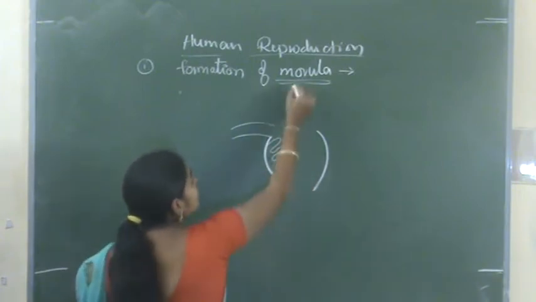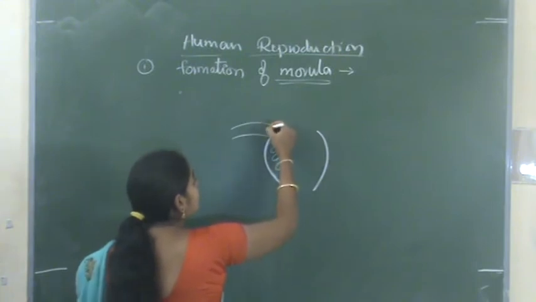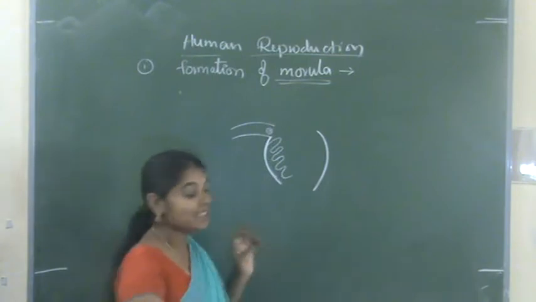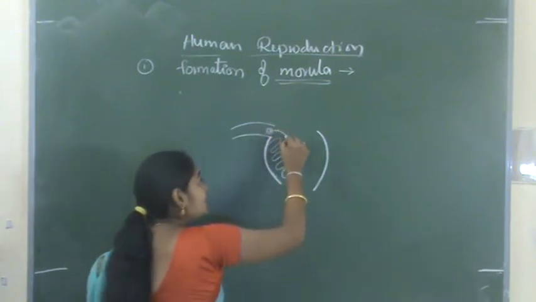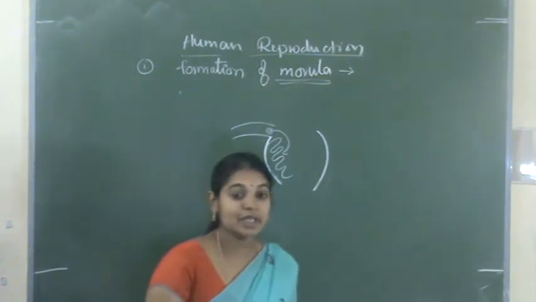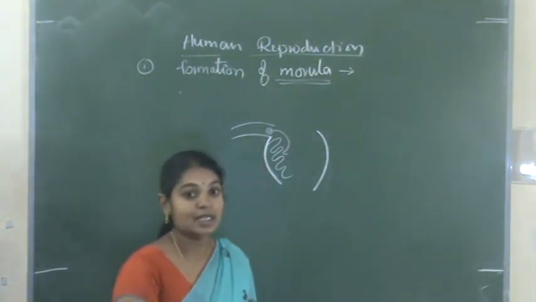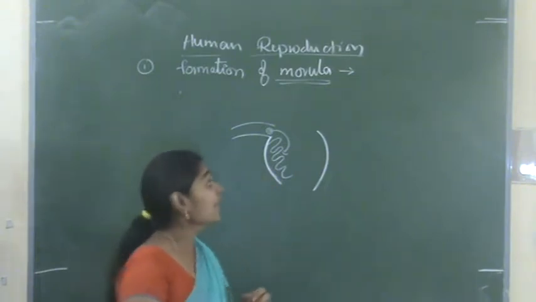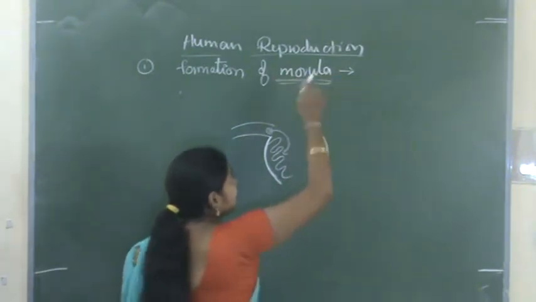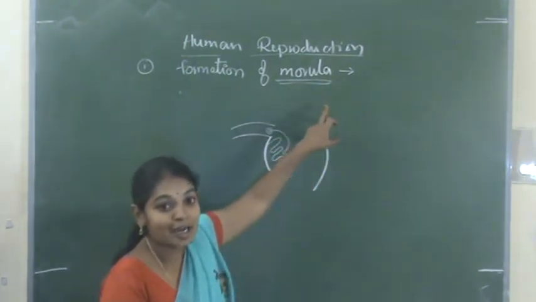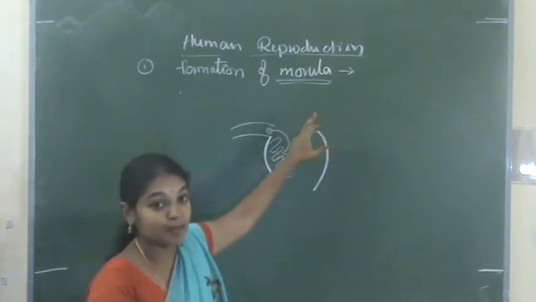And here this morula, which is a solid mass of cells, enters into the uterus. As soon as it enters the uterus, it starts to undergo some changes. Structurally, the morula has already undergone the compaction process.